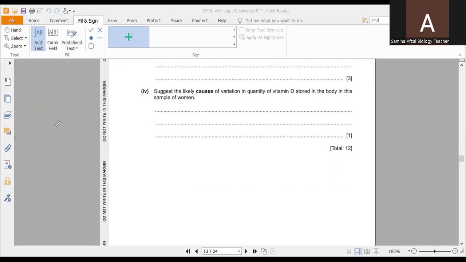The quantity of vitamin D stored in the body of a sample of women can be due to multiple factors. You can see that due to less sunlight exposure or greater sunlight exposure, there can be variations in the quantity of vitamin D stored in the body. So number one factor can be the sunlight exposure.